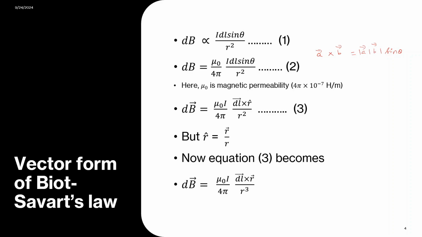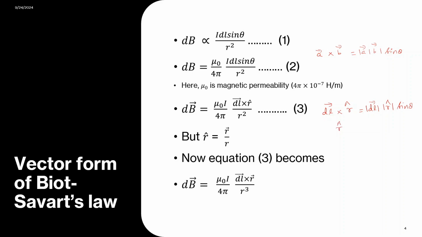In our case, dl vector cross r cap equal to modulus of dl vector, then modulus of r cap into sin theta.